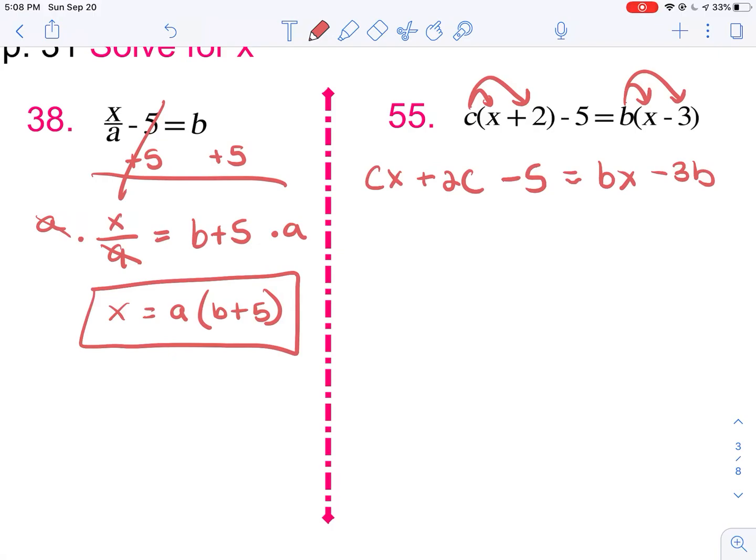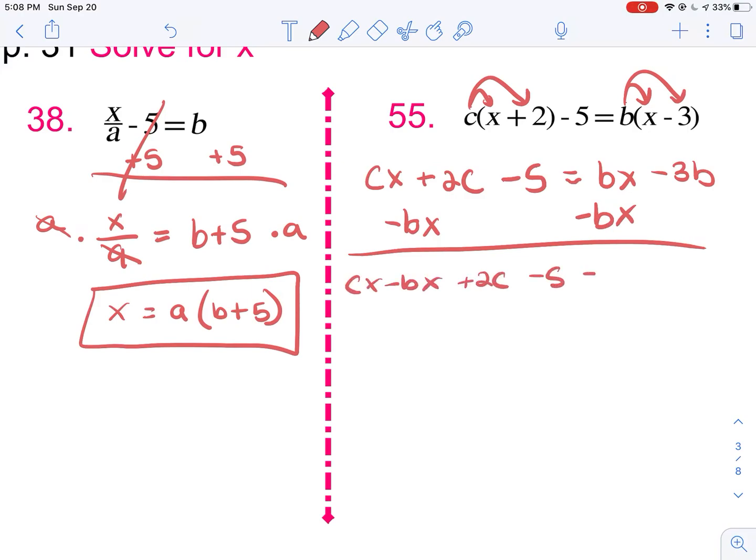Now, typically in an equation, when it's not a literal equation with a lot of variables, we would move all the x terms to the same side and everything else to the other side. I'm going to do the same thing here. So I'm going to move this bx to this side: cx minus bx, 2c minus 5 equals minus 3b.